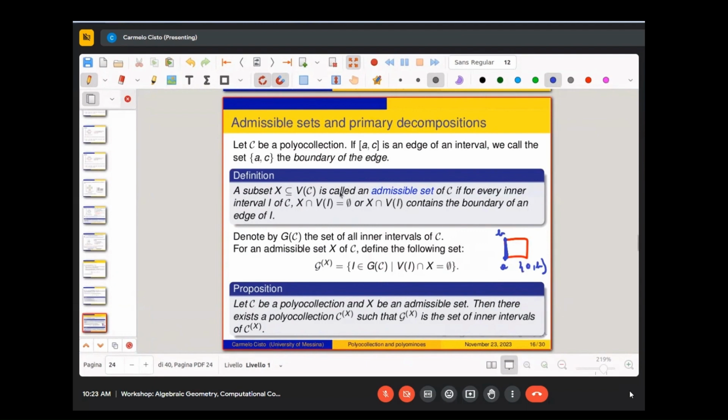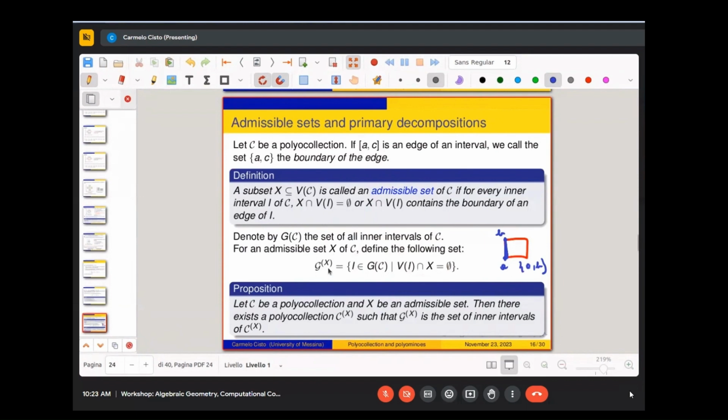So, okay, I introduced this concept of admissible set. What is important is that to every admissible set, I can associate a set of intervals made in this way. That is the set of all inner intervals such that the vertices have non-empty intersection with the admissible set.